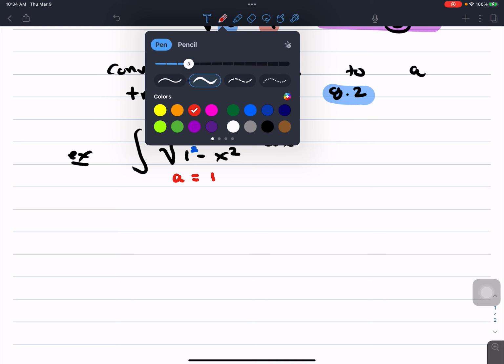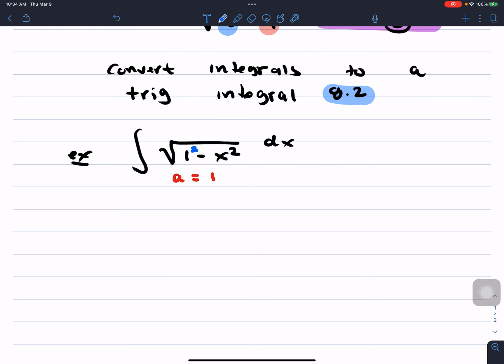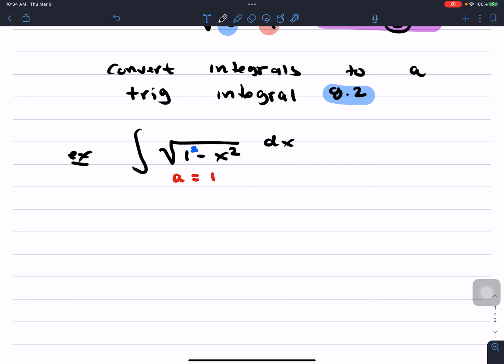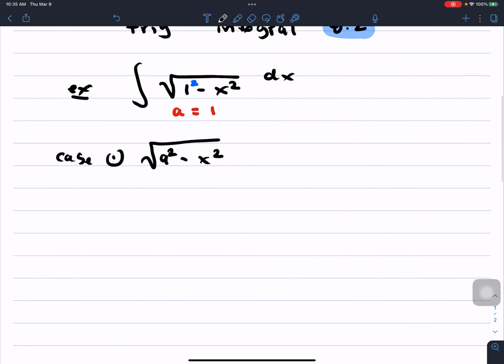Alrighty. Now for a case 1 type of integral, we're going to have to talk about what you do now. So for case 1, when you have the square root of a squared minus x squared, like in this case, this is the substitution you use.